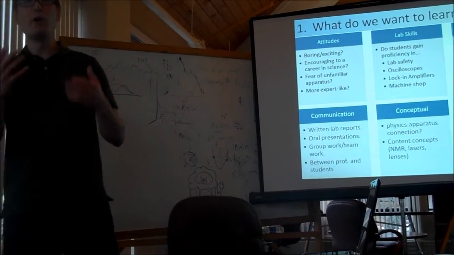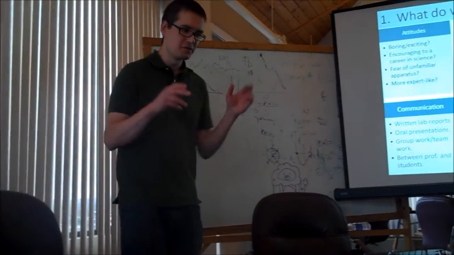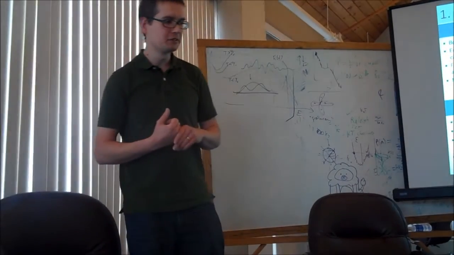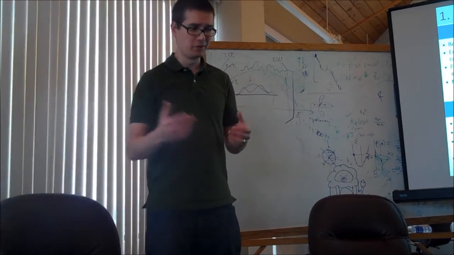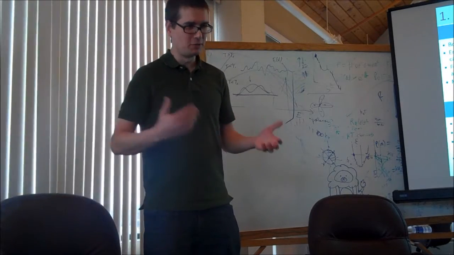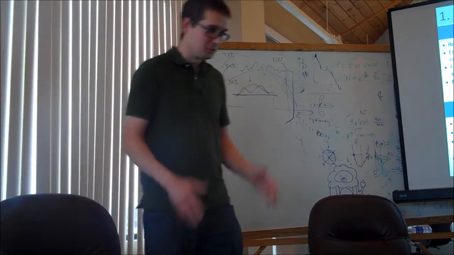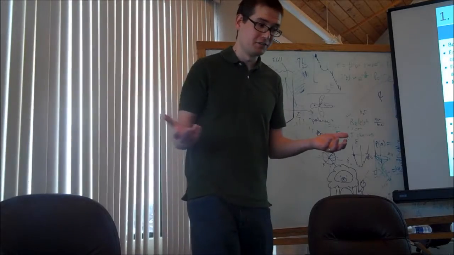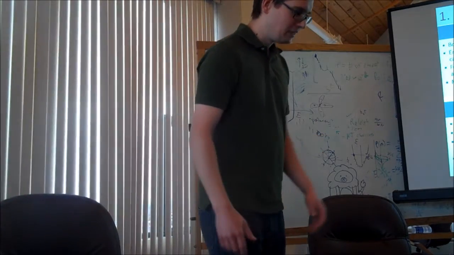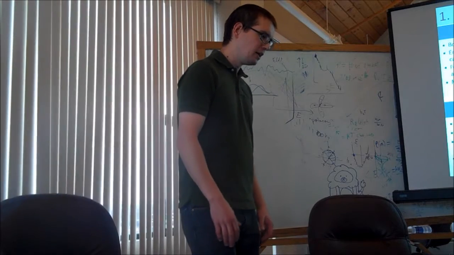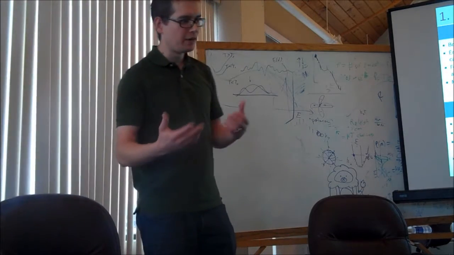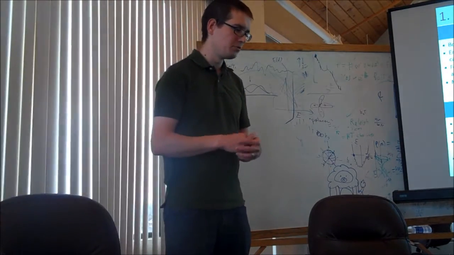At least, when are they spending time doing sense-making stuff during the course? Is there any way we can actually assess, before and after the course, general scientific reasoning things? I don't know. Even, did they learn error analysis better during the course? I think there's some communication stuff that we could look at, just like how do they work as a group, or how do they interact between professor and students.